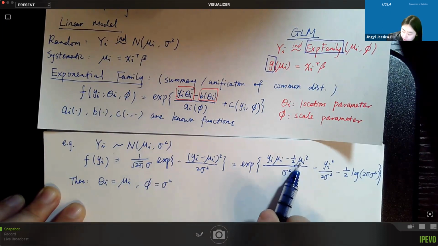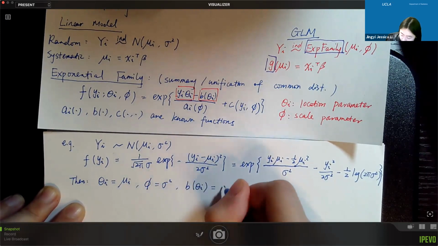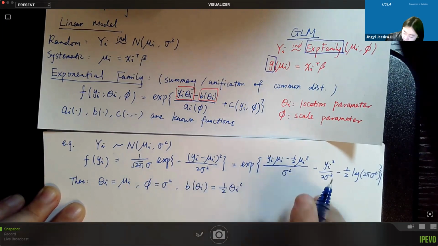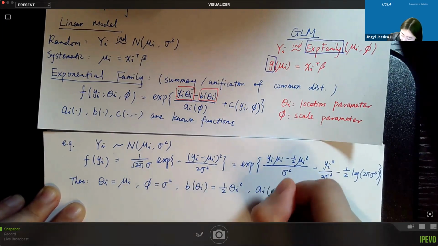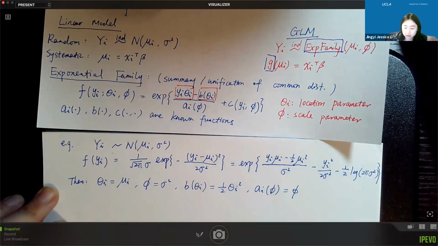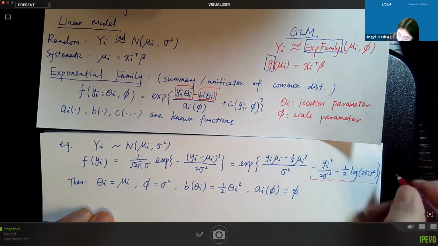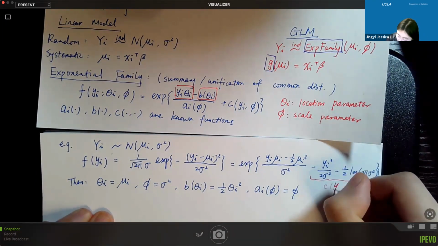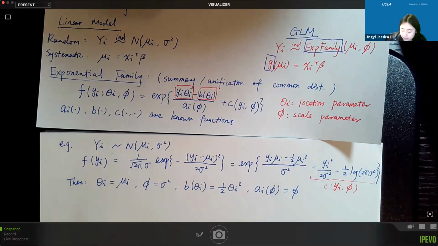And for the b function, b is the transformation of the location parameter. So b of theta i is just 1/2 theta i squared, since mu i is theta i. And for the a function, a i of phi is just phi. It's just the identity function. And the last part is what we called the c function. We are not so interested in that, so we don't need to specify it. This is just c of yi and phi. Okay, that's it. So you see that's the exponential family.